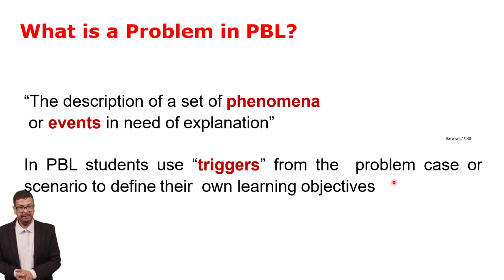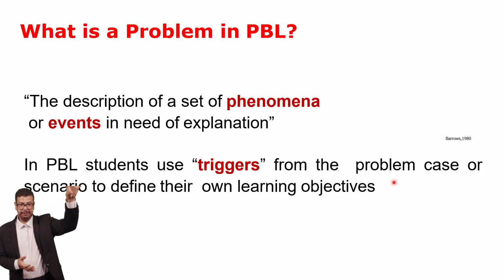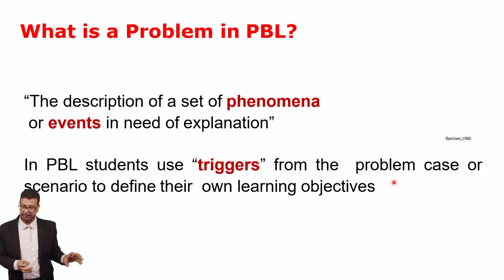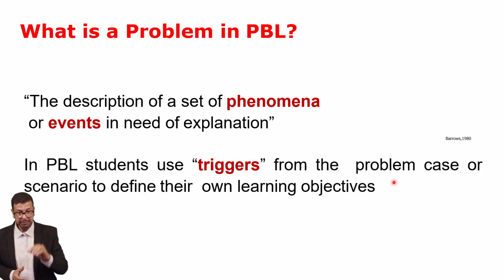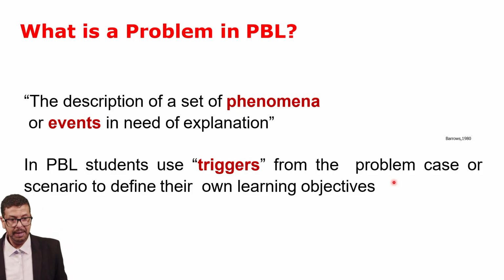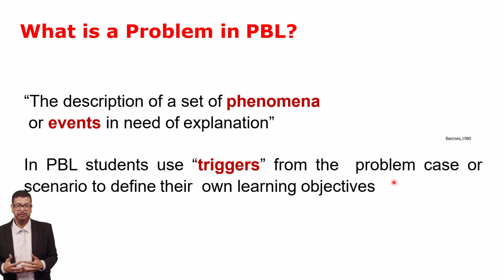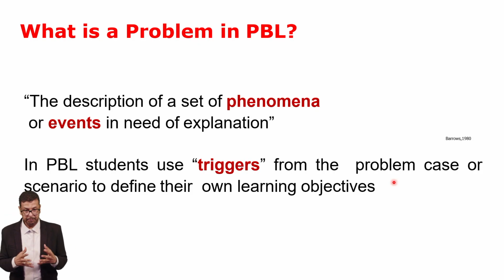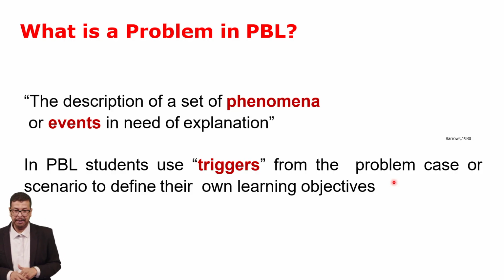So in problem-based learning, there are three pillars: the problem, the student, and the tutor. The role of the problem is describing a set of phenomena or events. Students use this problem case scenario, whatever the format, and use the triggers from the case to define their learning needs.